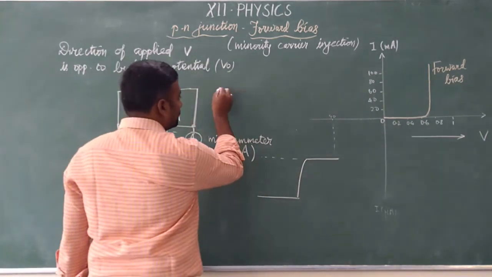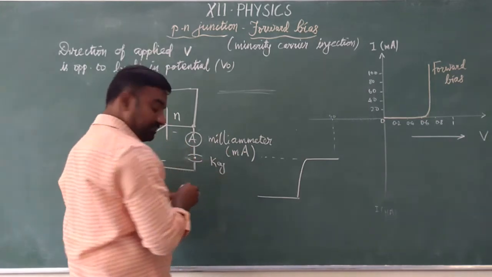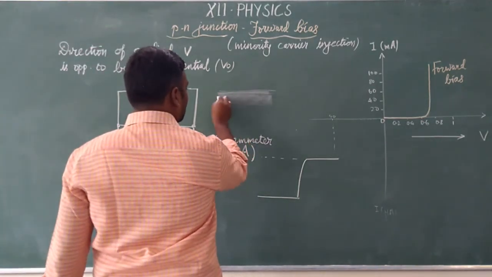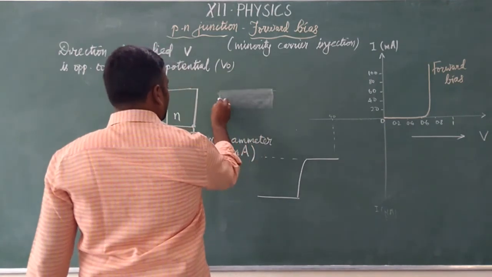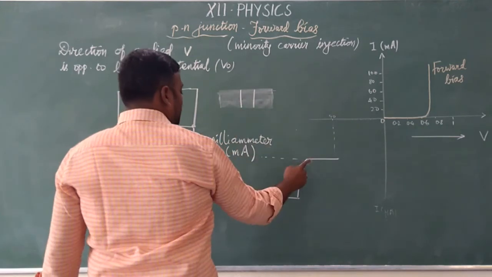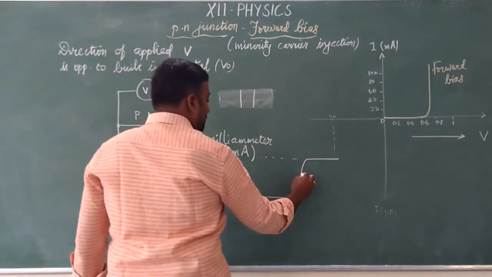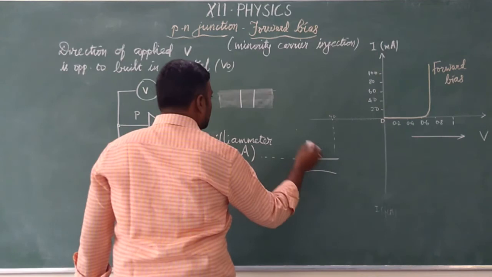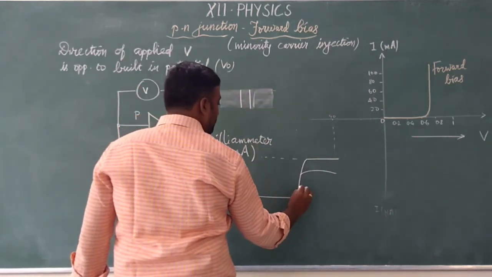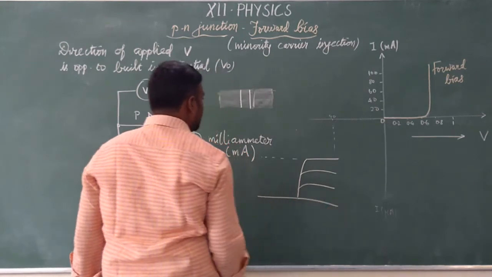In a PN junction diode, this is the initial width when the battery is connected. If the applied voltage is increased, then the width also reduces, and then further it still reduces.